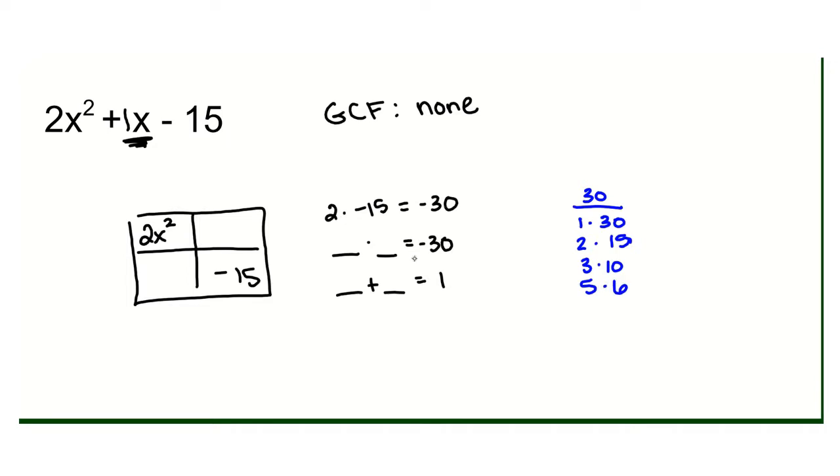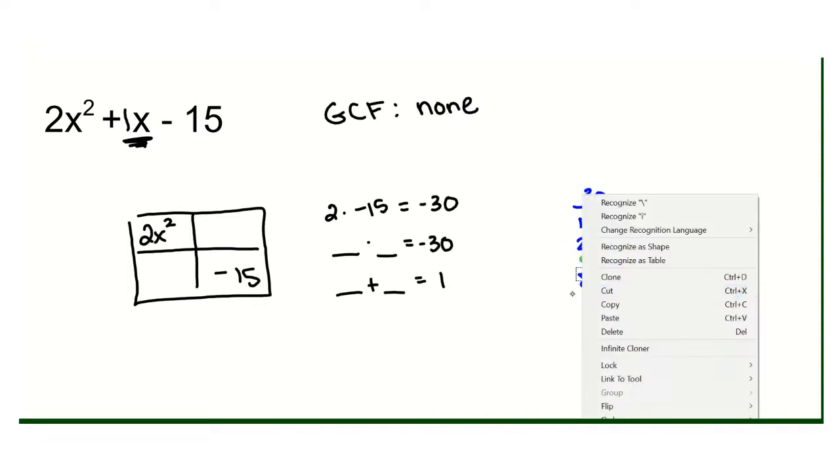Now I want this to be a negative 30. In order to get a negative number with multiplication, one number needs to be positive and one number needs to be negative. And I want those numbers to add to 1. So I need to figure out which pair could give me 1.